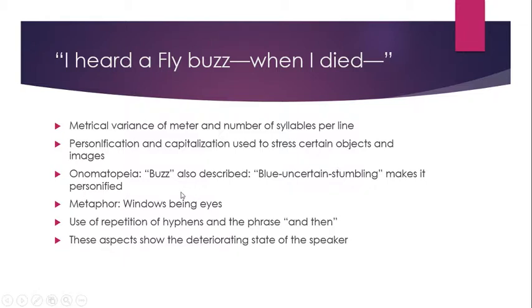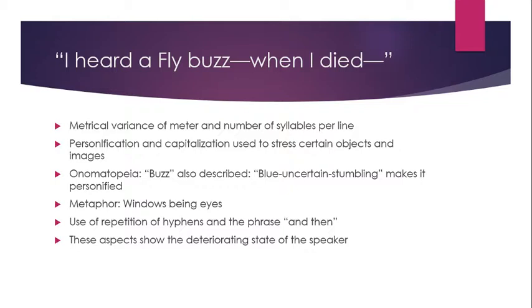We have some onomatopoeia, so buzz, and then the buzz is actually described as a blue, uncertain stumbling, which makes it a personified thing. So if it's stumbling, it has the capacity to stumble, right? It has some sort of personification. But this description, describing it as blue and uncertain, also speaks to the chaotic deterioration of senses.